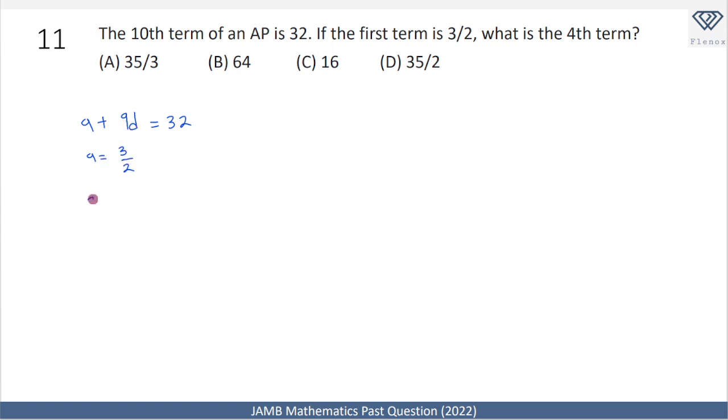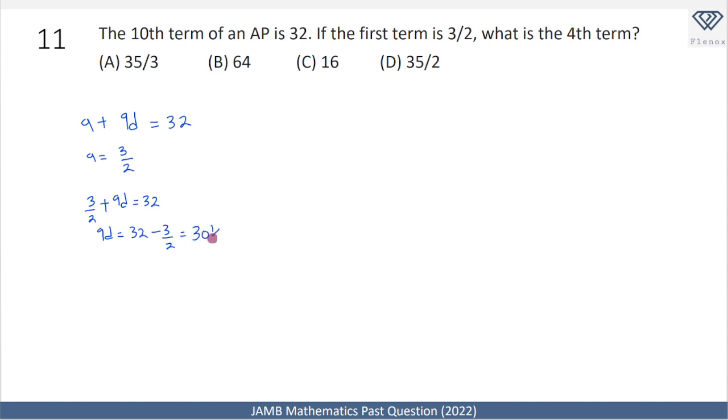So that becomes 3/2 plus 9D is equal to 32. So we know that 9D will be 32 minus 3/2. And to solve this, we know that this is just going to be 30.5.